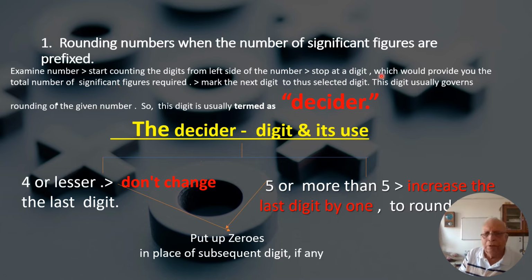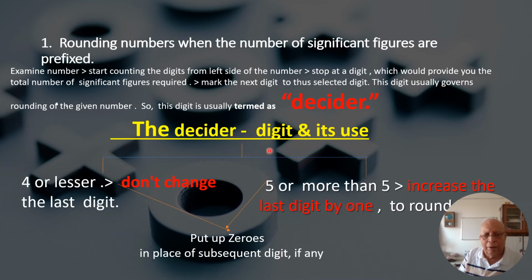Stop at a digit which would provide you the total number of significant digits required. That is known as selection of the digit. Mark the next digit after the selected digit, and this next digit governs rounding of the given number. So we call it the decider.